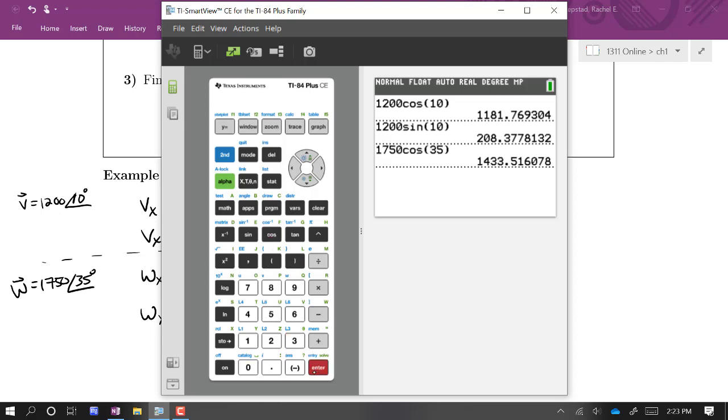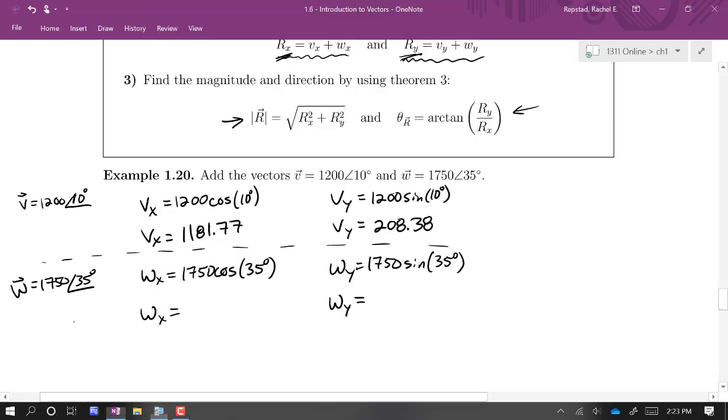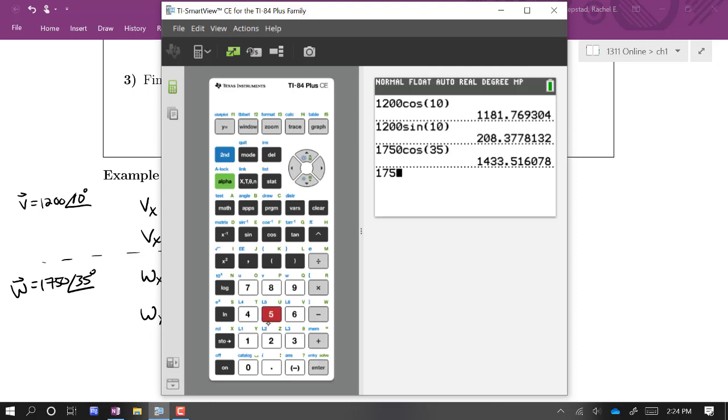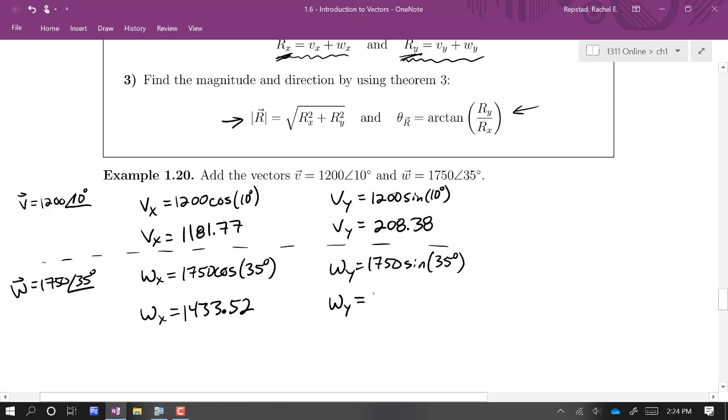So 1433.52 for the x component. And the y component, Wy, is 1003.76.